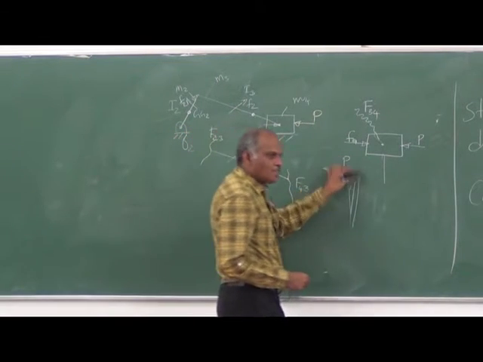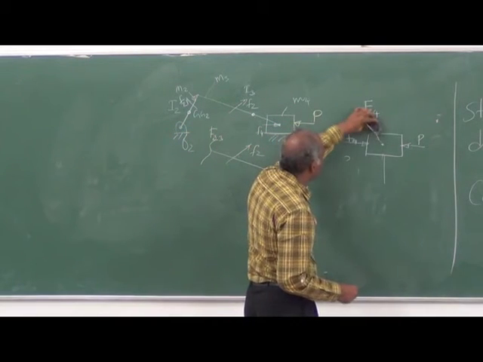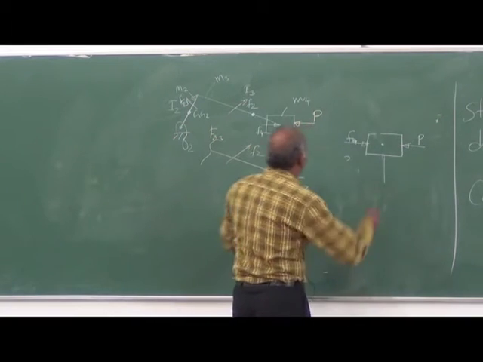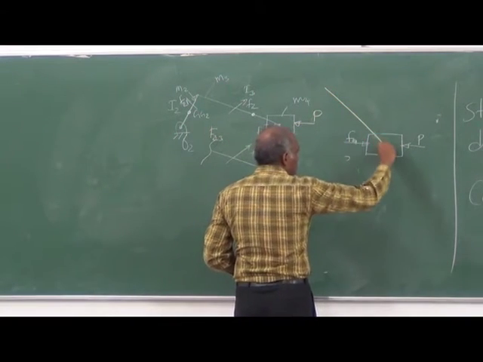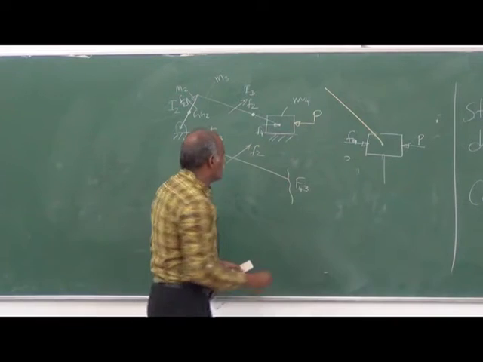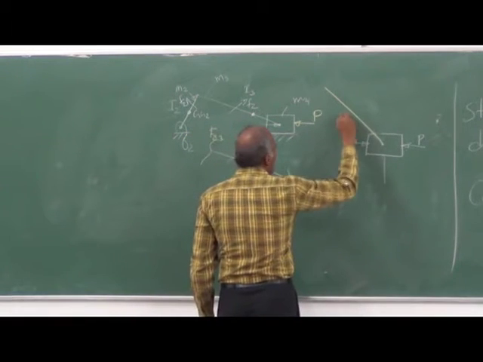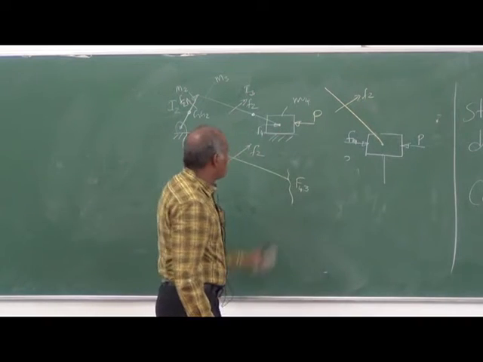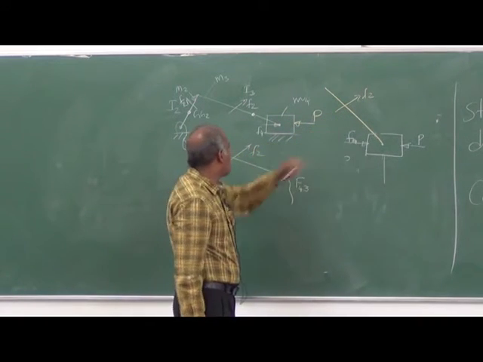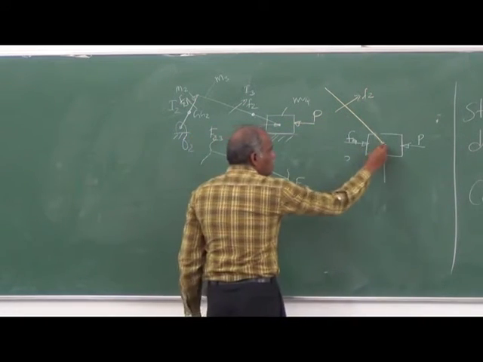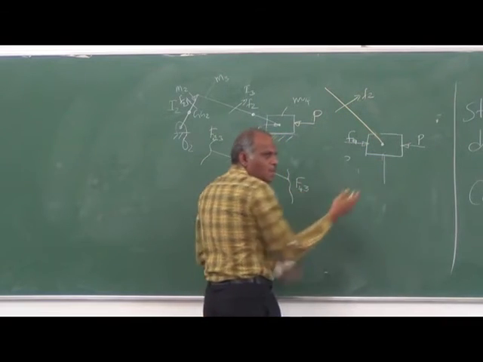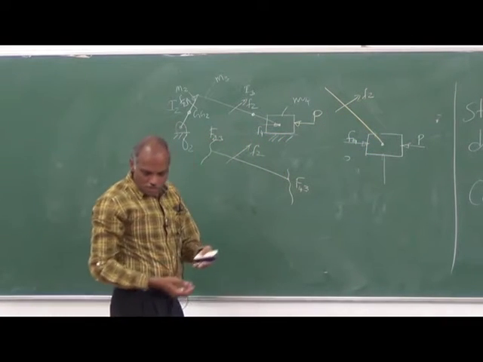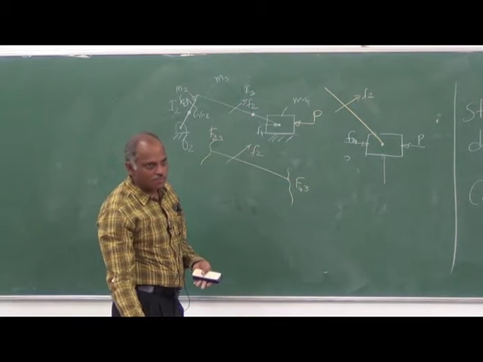So the method suggested is to combine linkage 2 also here, and linkage 3 also here. You take these 2 together and consider them as a single body.